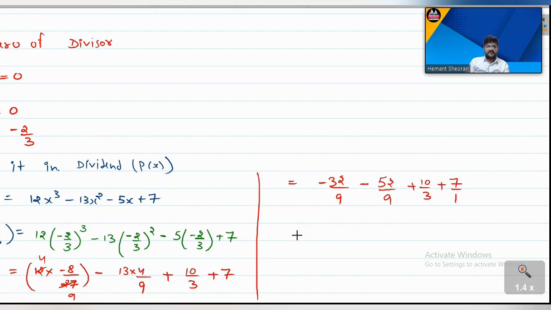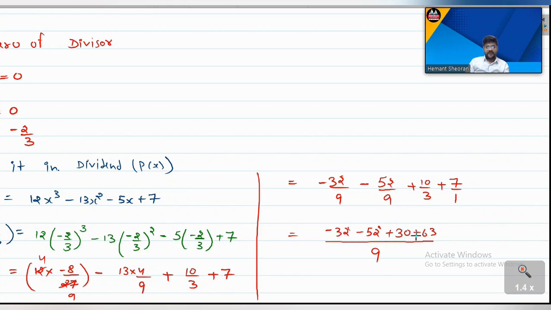Now just take the LCM. The LCM will be 9. Negative 32 will remain the same. Negative 52 will remain the same. 3 becomes 9, so 10 will become 30. 1 becomes 9, so positive 63. So let's solve it out.